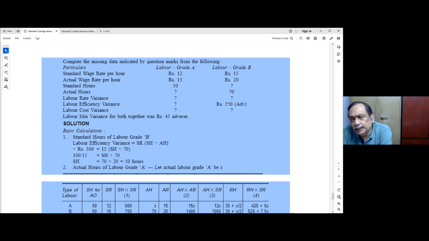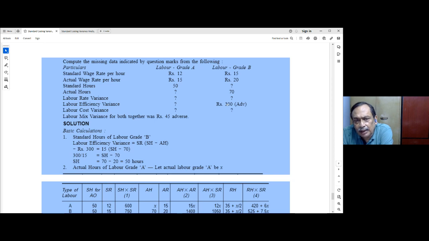First column particulars, second column labor grade A, and third column labor grade B. Then we are having standard wage rate per hour for A grade of labor, rupees 12, and for B grade of labor, it is rupees 15. Actual wage rate per hour for A it is 15, for B it is 20.